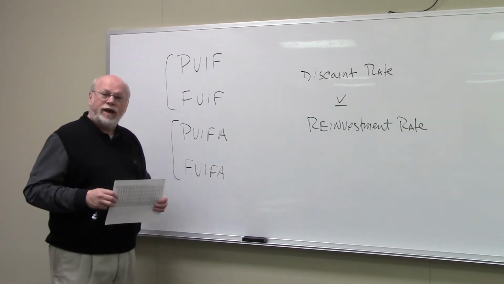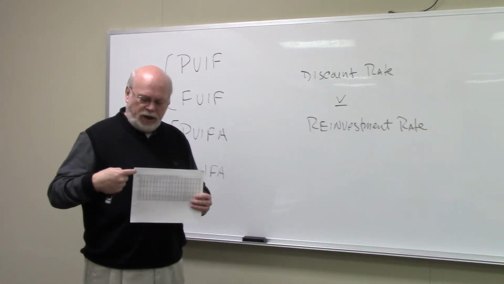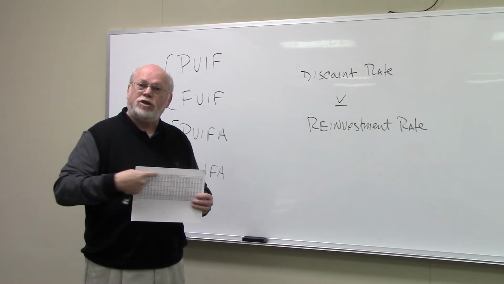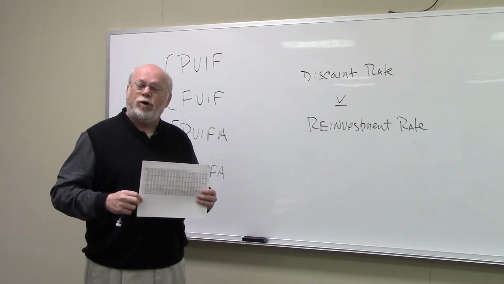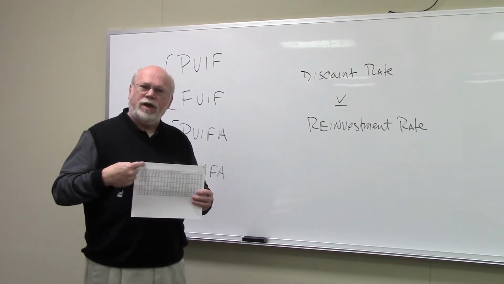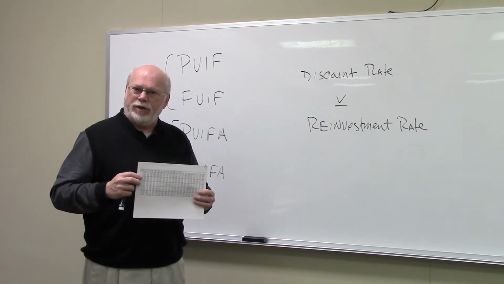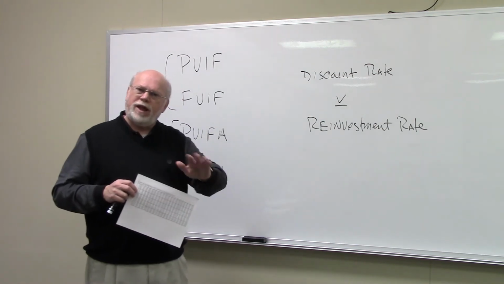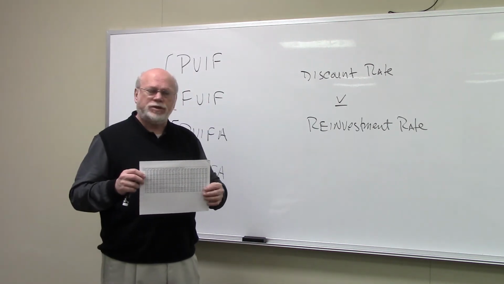Now, there's 4 tables. All of them are set up exactly the same way. Across the top are interest rates, and down the left-hand column, you'll find N or time periods. And to look up an interest factor, you have to know the interest rate and you have to know the N, the time periods. And we'll talk about that a little more later, but that's the basic layout of these tables.